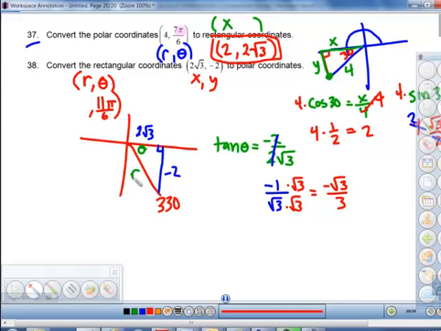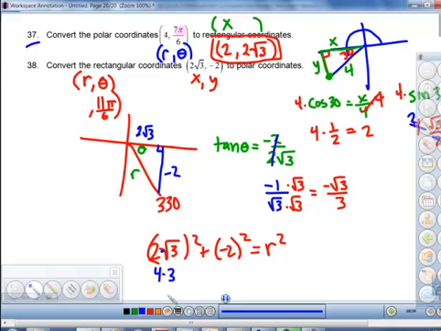Now, to find out what the radius is, all we're going to do is a squared plus b squared equals c squared. So 2 radical 3 squared plus negative 2 squared will give me my radius squared. When I square this, notice that this is multiplication, so I square the 2 to get 4, and then I square the radical 3, which gives me 3.